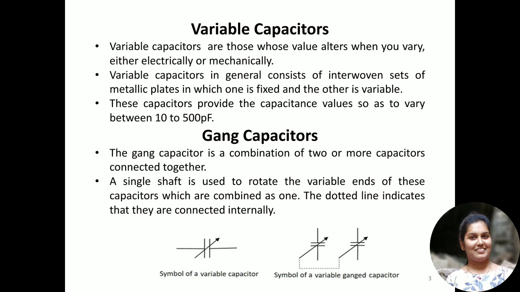So that is nothing but a fixed capacitor. That is, for a fixed capacitor the value is fixed, and in addition its value is written on the body of the capacitor, either with the help of some numbers or letters or other symbols. So this category of capacitors we have been discussing till now in the previous videos.